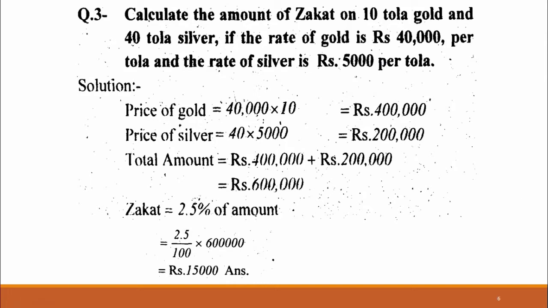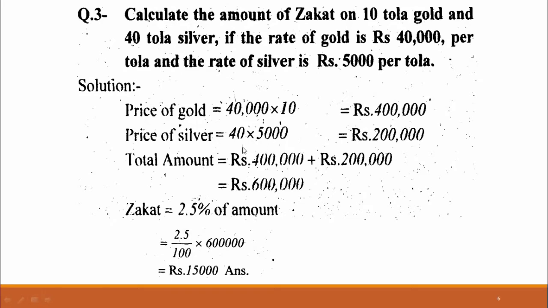Since we have in this question 10 tola gold and 40 tola silver, 40,000 is the amount of per tola gold. So 10 multiplied by this, we obtain 400,000. And now per tola silver amount is 5,000.